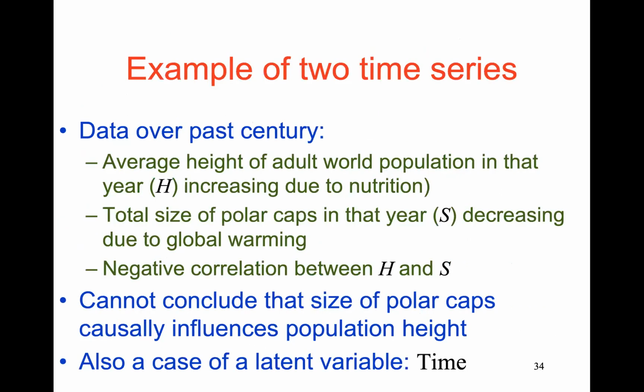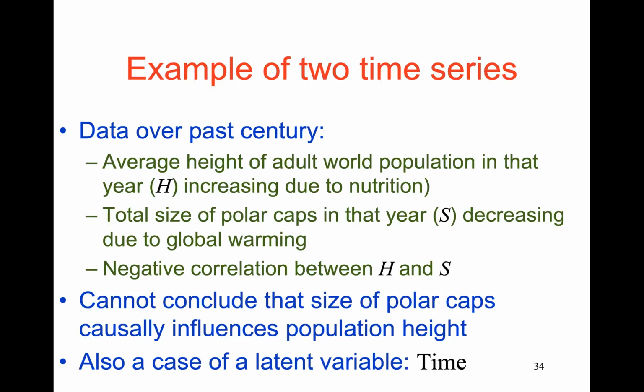Or here is one more example of two time series. Data over the past century of the world says the average height H of the adult world population in that year is increasing due to nutrition.